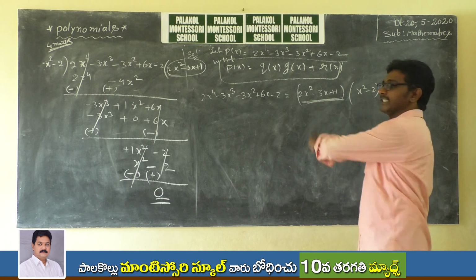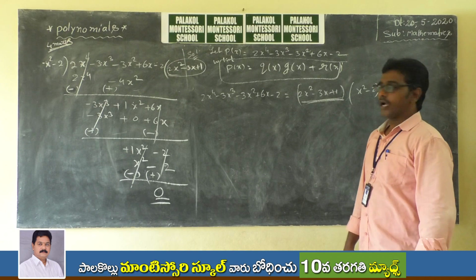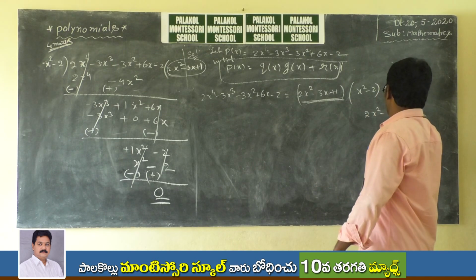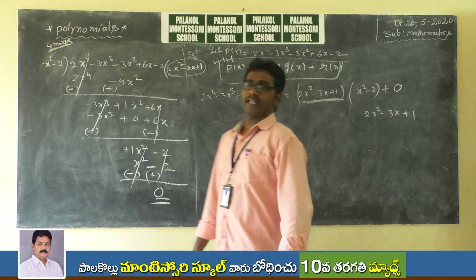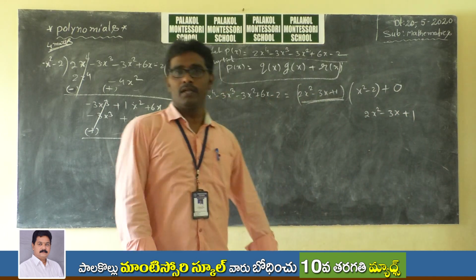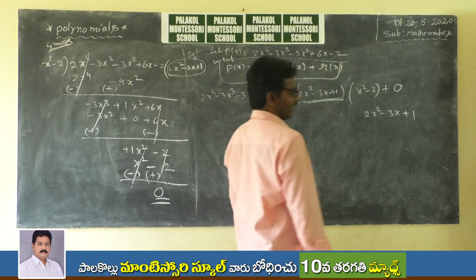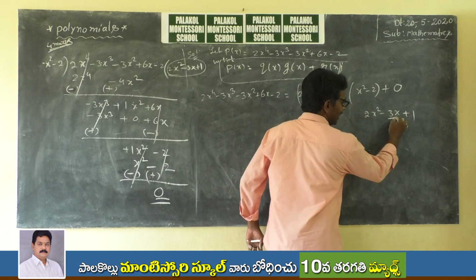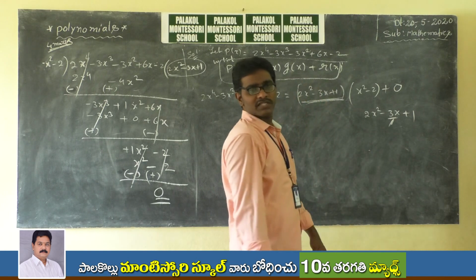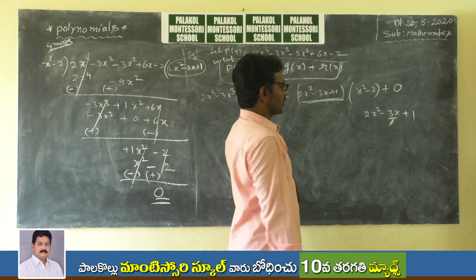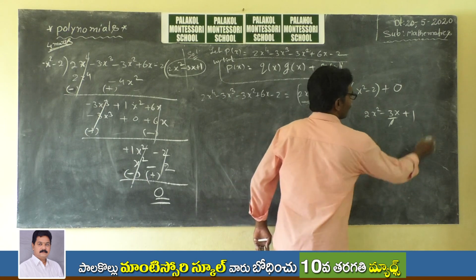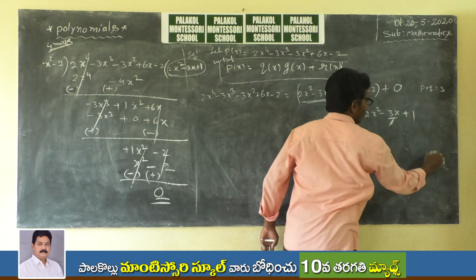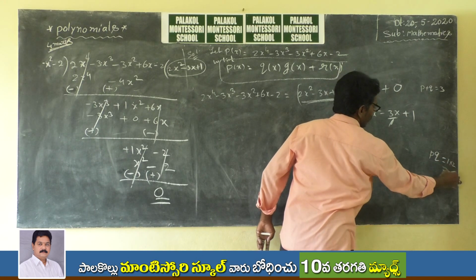This one we change into linear polynomials. How? We already know the method: 2x square minus 3x plus 1 is a quadratic polynomial. To find the linear polynomials, just split the middle term. So we say p plus q is equal to 3 and pq is equal to 1 into 2, which is 2.